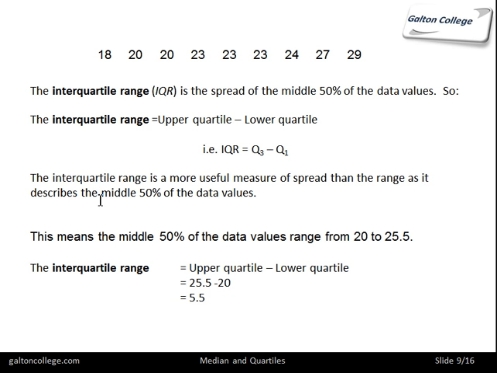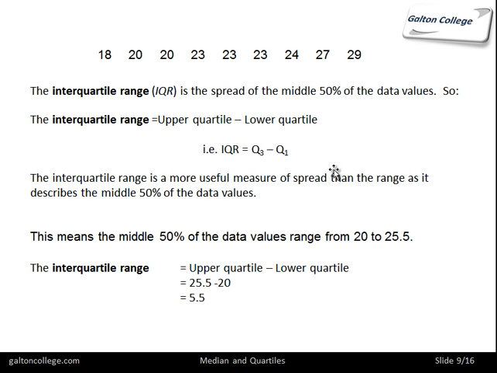The interquartile range is a more useful measure of spread than the range itself, because it describes the middle 50% of the data. If you knock off the bottom quarter and the top quarter, you're left with 50% of the data in the middle, and you look at the spread of that 50%. That gets rid of the extreme values. If we took the whole range of the data, it would be the maximum minus the minimum, but that would take in the extreme values.